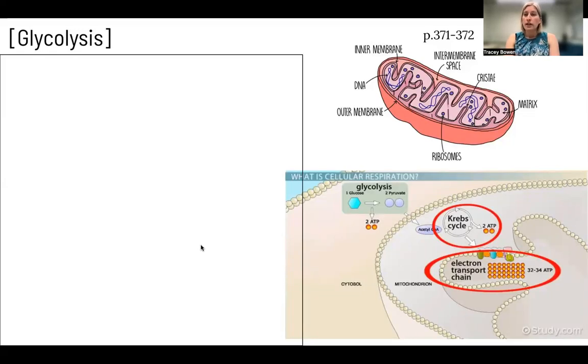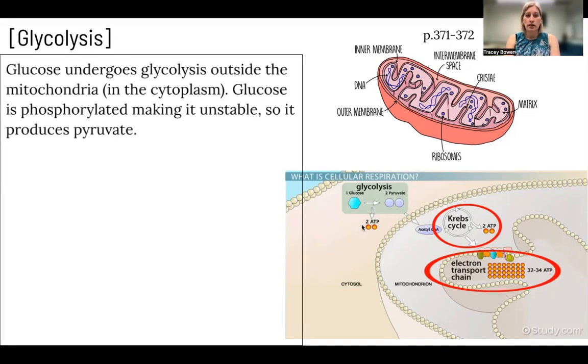All right, so cellular respiration is happening in 3 separate reaction processes. The first one is glycolysis, and this is actually happening in the cytoplasm of the cell, so this is outside of the mitochondria. Glucose is phosphorylated, and that's going to make it unstable. That means ATP adds phosphate groups to the glucose molecule, and it is eventually going to break apart because it becomes unstable.